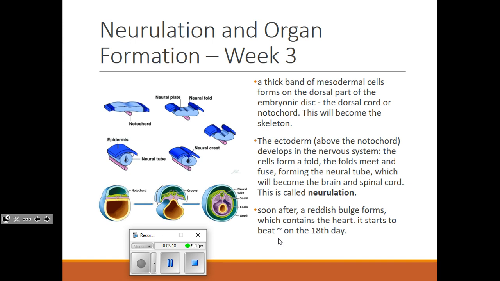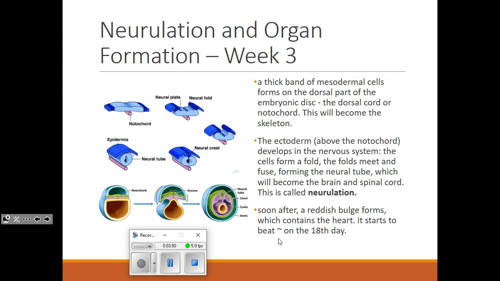If you watch this folding process happen, we go clockwise around this picture. Instead of having 1 layer of ectoderm, this little fold gives us 2 layers: an outer layer that's going to form the epidermis, or the skin, and this inner layer that looks like a tube now. That's the neural tube, and that's where the brain and spinal cord are going to begin to form.